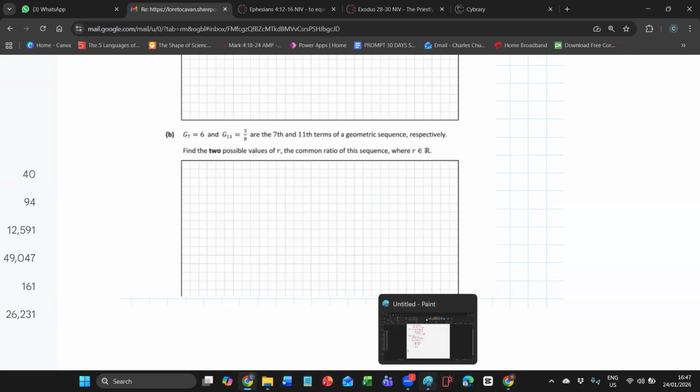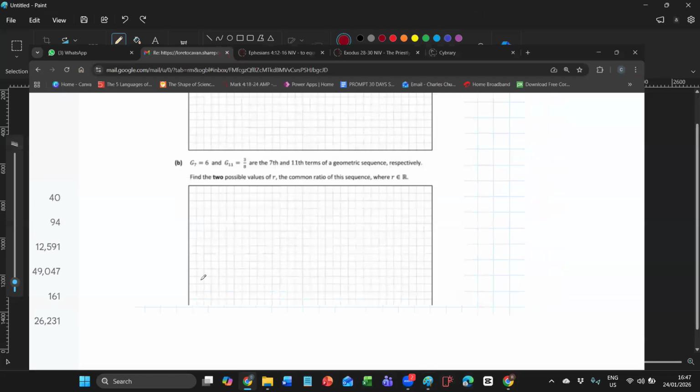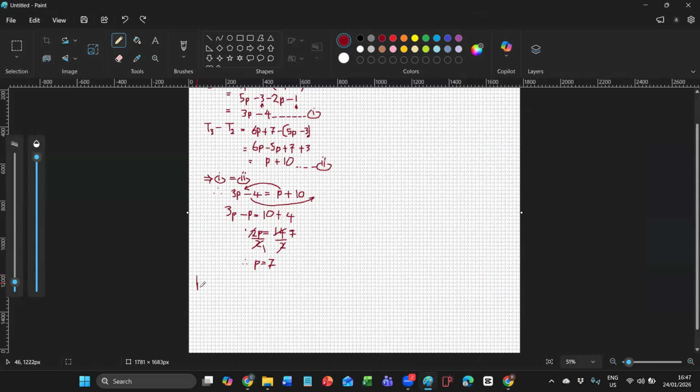This one is geometric sequence, G7 and G11. So G7 and G11.